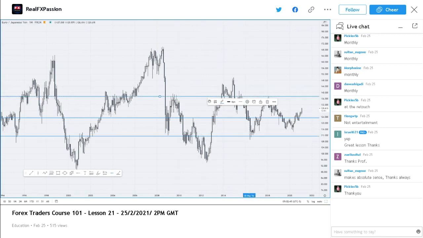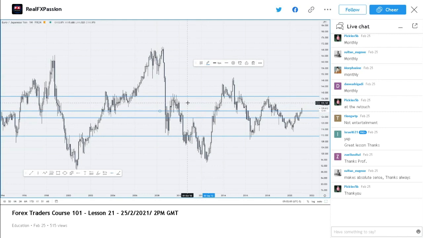Low to high, high to low, low to high, high to low. We have another pivot point in here. So this is a high, this is a high, this is a high, this is a high. I believe it's enough.